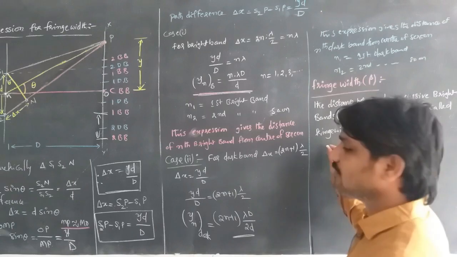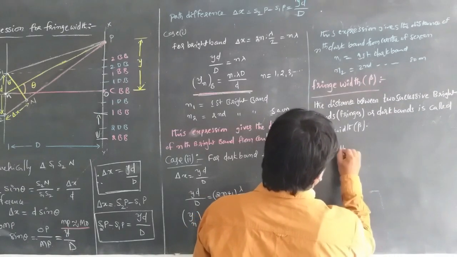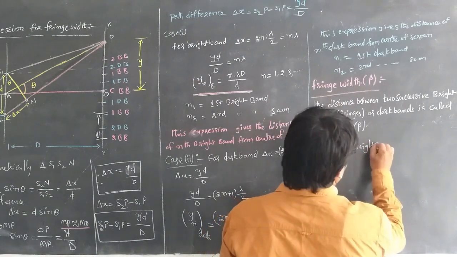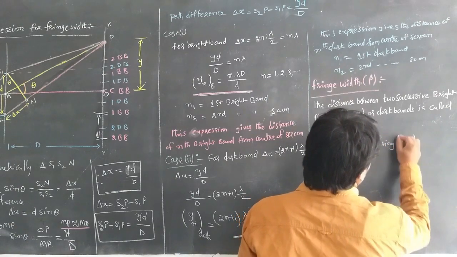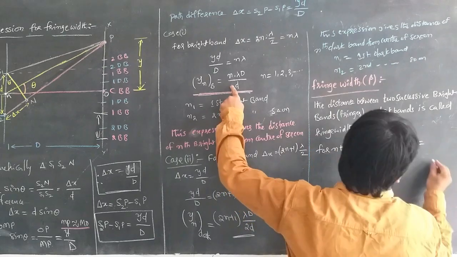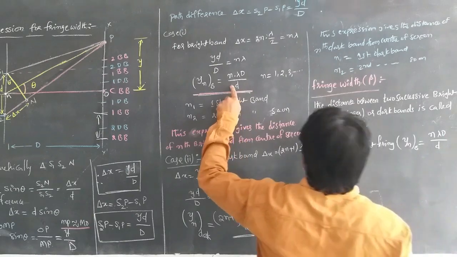So for the nth bright fringe, y nth of bright fringe, we have the equation n lambda D by d. This is for the nth fringe.